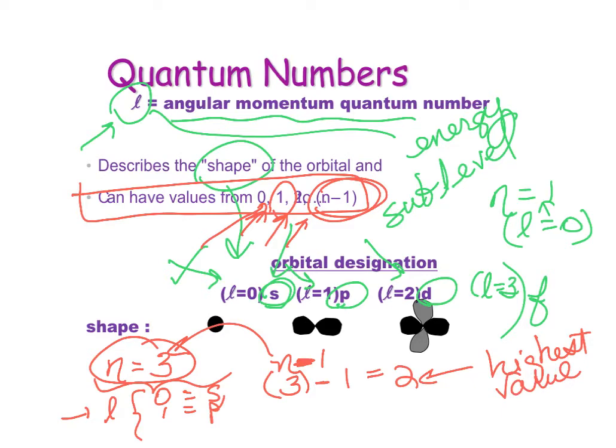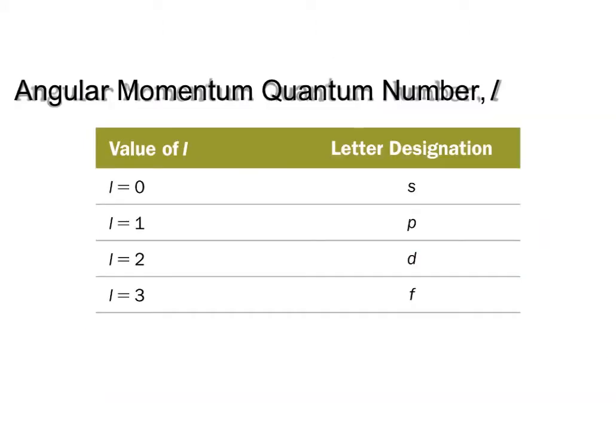So that's the highest value when n equals 3. So here L can have a value of 2, which means we would be talking about a d orbital. So that'll be important later on. This is just kind of what I said in the last page: you need to memorize that if you're talking about an s orbital, L equals 0, etc.